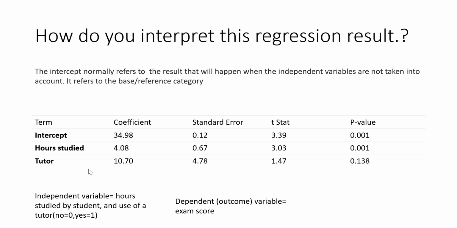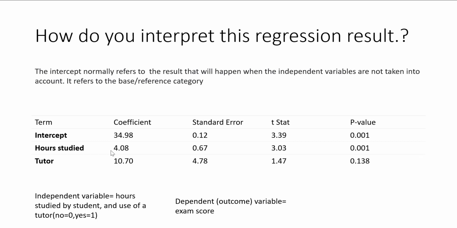I'm saying students that use tutors compared to those that don't because the use of a tutor is a categorical variable. That means it has two categories, either yes or no. So on the average, students that use tutors score 10.7 points higher compared to students that don't use tutors.